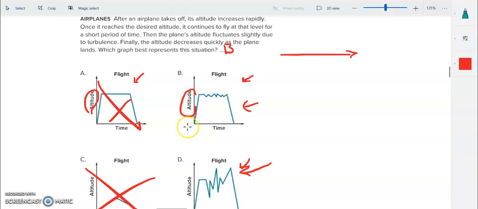As time goes on, the plane gains altitude quickly, flies level, fluctuates due to turbulence, and then lands at its destination. Okay? So we're just looking at the graph and understanding what the variables mean.